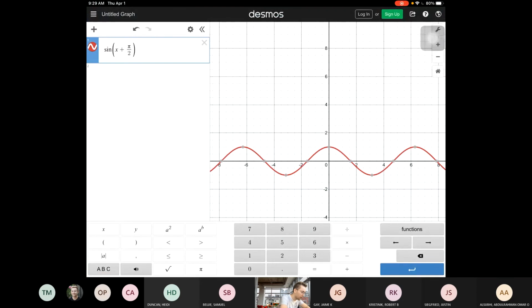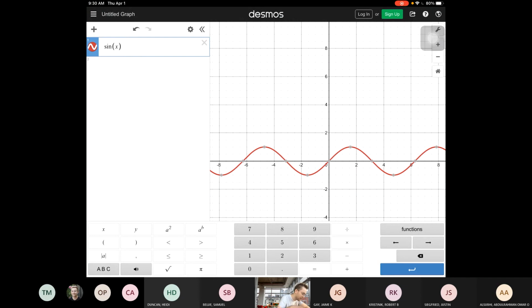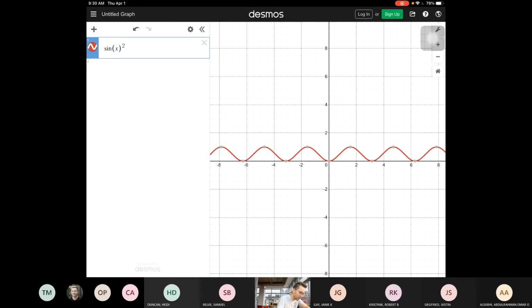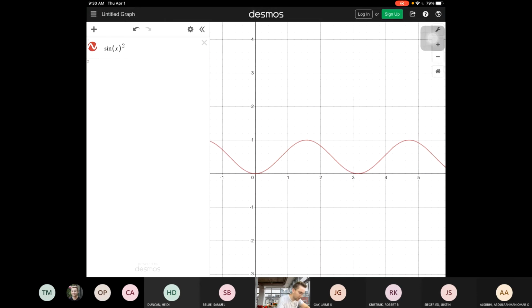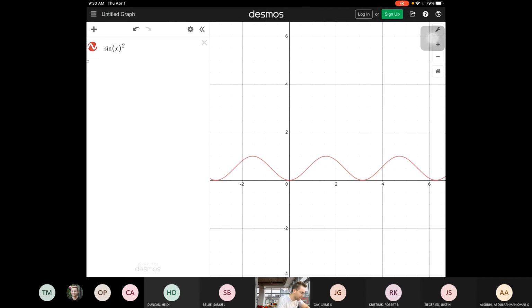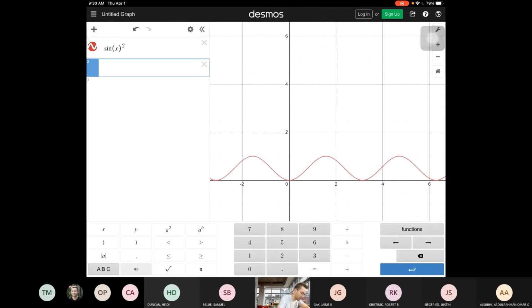Let's just look at what even sine squared of x looks like. Well, if I take sine of x and I square it, it's not so easy to see. Here, let me see if I can put sine x in here as well.